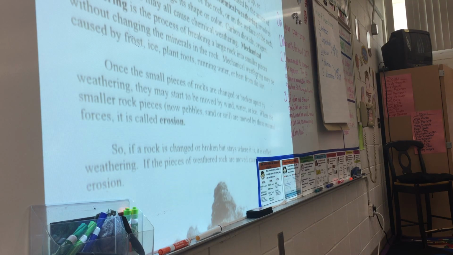Mechanical weathering is the process of breaking a large rock into smaller pieces without changing the materials in the rock. Mechanical weathering may be caused by frost, ice, plants, roots, running water, or heat from the sun. Good job. All right, another volunteer?